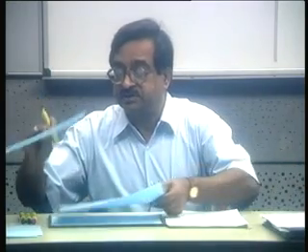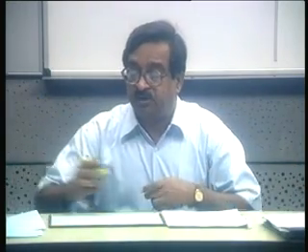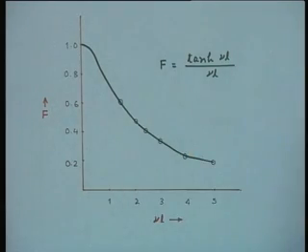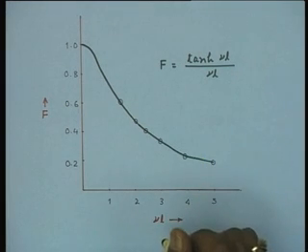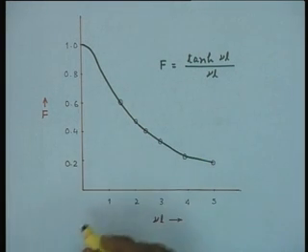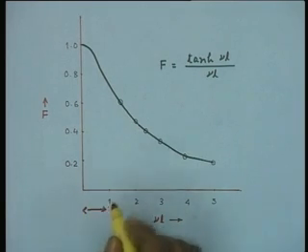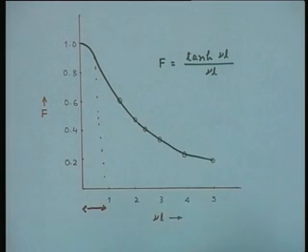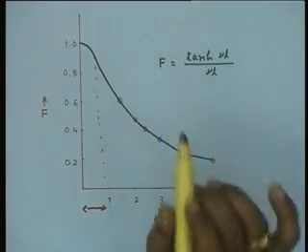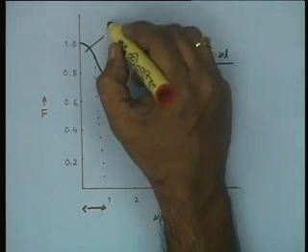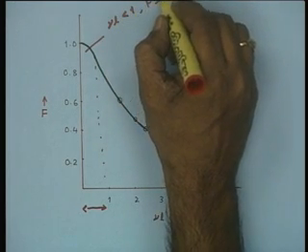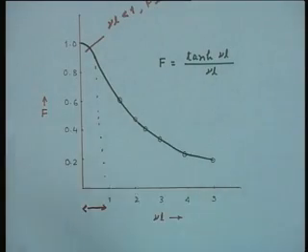If you consider this function f, that is tanh gamma L upon gamma L, the characteristic of this function is that when gamma L is less than 1, the value of f is approximately equal to 1 in this region.